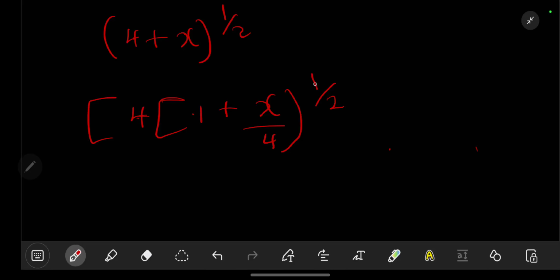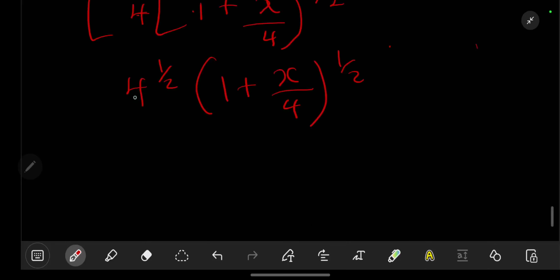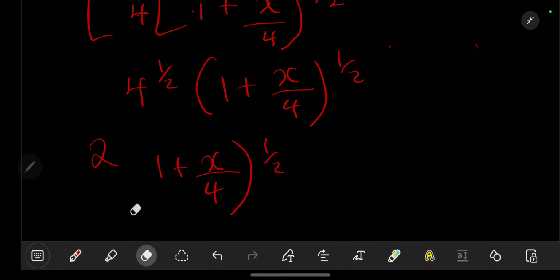Now here we are going to attach this half to the 4 and half to the other part, like that. So knowing that, we are going to have the square root of 4, which is 4 to the power half, is 2. Then we are going to have our 1 plus our x over 4 to the power of half, like that.